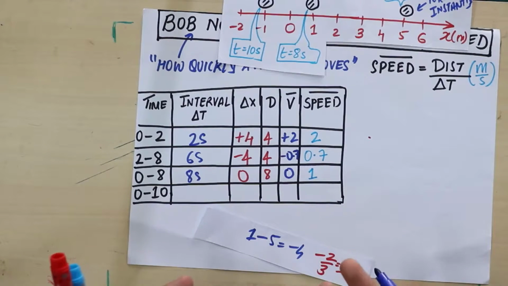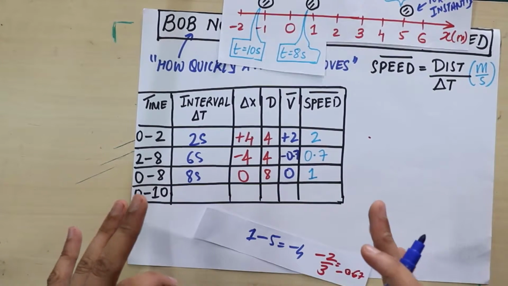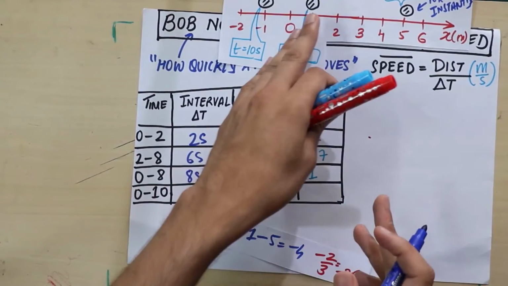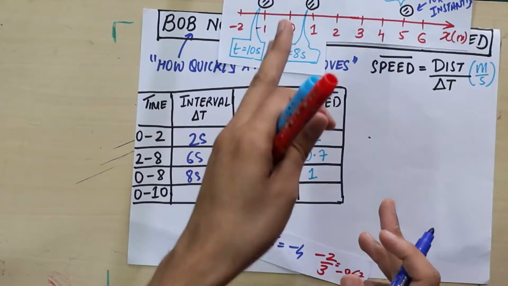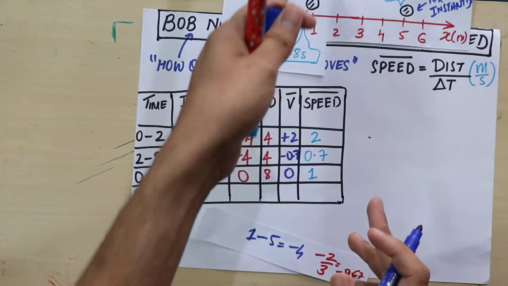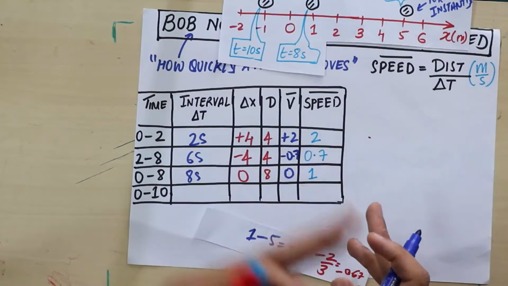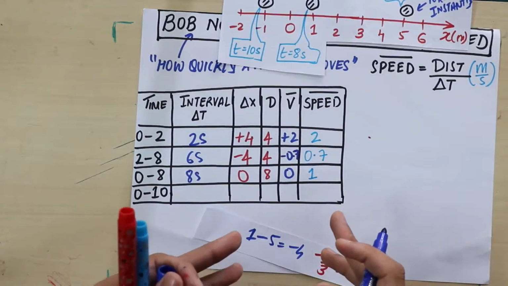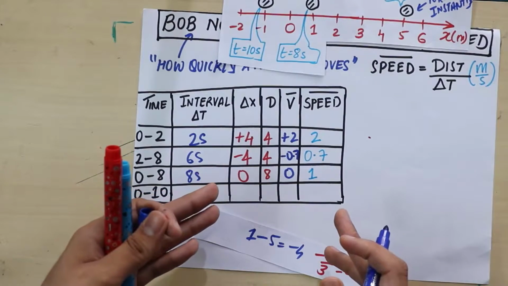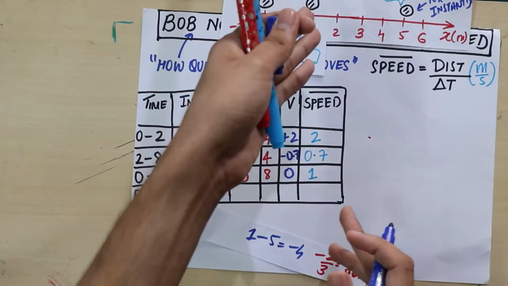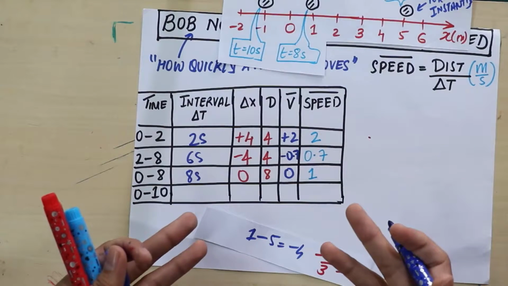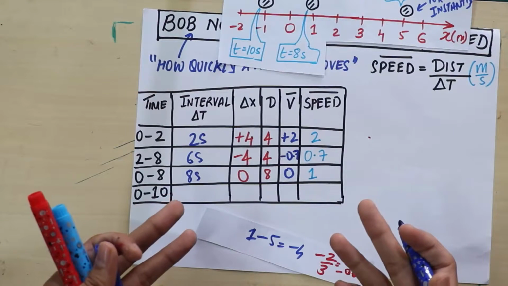What's going on? Well, think of it this way. Suppose you were looking at Bob at t equal to 0. You look at him and you say, aha, Bob is at 1 meter. And then you close your eyes and you wait for 8 seconds. You open your eyes again and you say, aha, Bob is still there. So from your point of view, Bob has not changed his position.